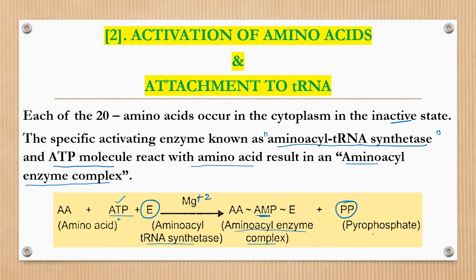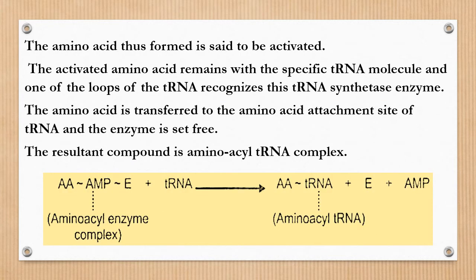What is present in this amino acyl enzyme complex? Amino acid and enzyme together form this complex by using ATP. The amino acid thus formed is said to be activated. So the amino acyl enzyme complex is said to be activated.